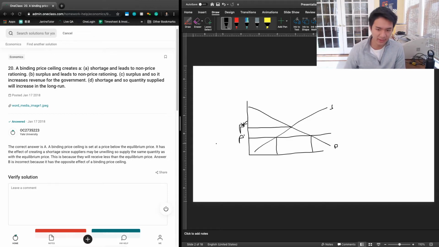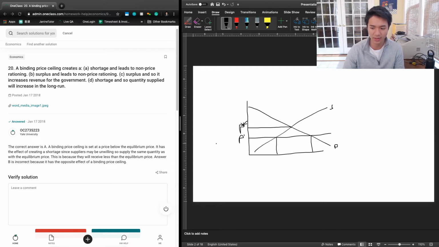And so the effect of this is going to be something along the lines of non-price rationing. Non-price rationing is best understood as something like queuing, where people are getting in line to buy a certain product. Products are being sold not on a who-wants-it basis, but on a first come first serve basis.